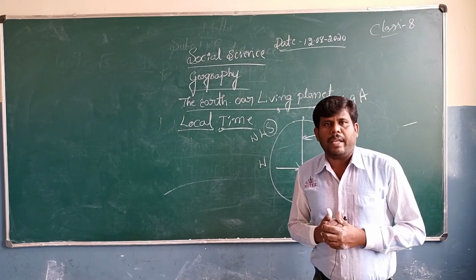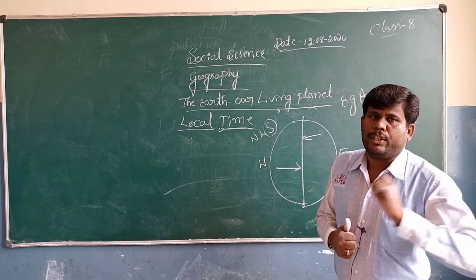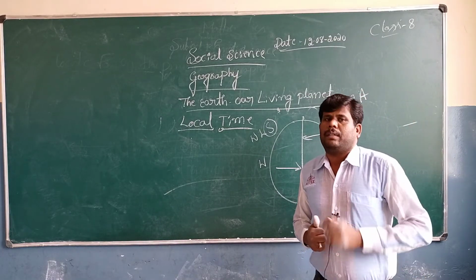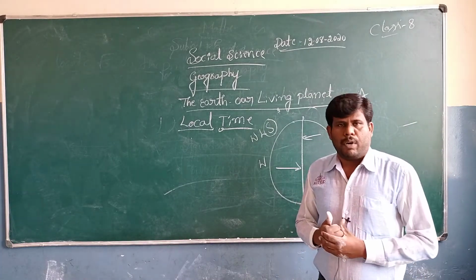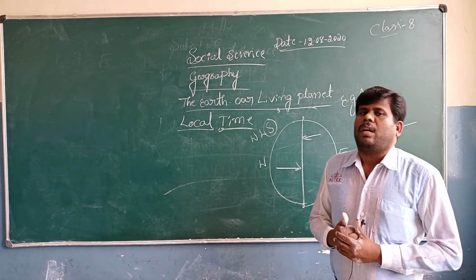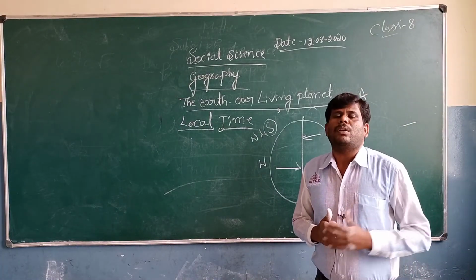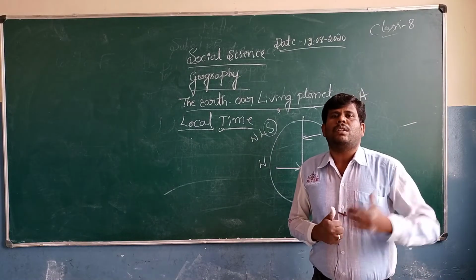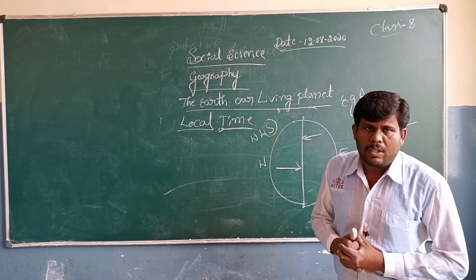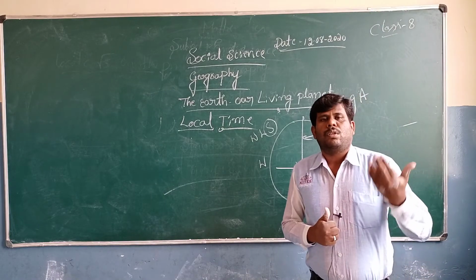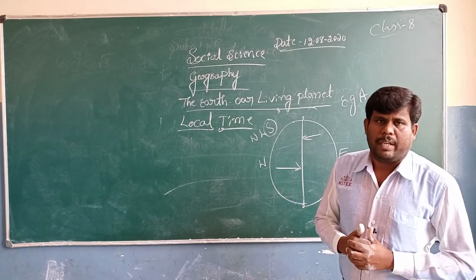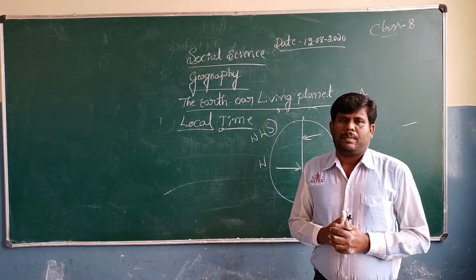Large countries like Russia, Australia, America and Canada follow time zones. Russia's time zones are 11. Canada and USA's time zones are 5. And Australia's time zones are 3. Like that, time zones were created in the world.